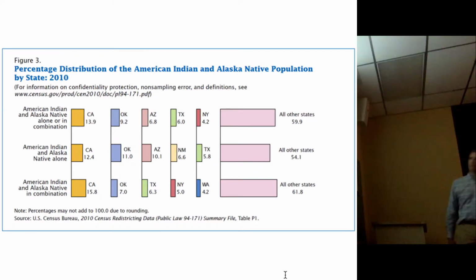Here's some maybe better graphics to do some comparisons. I mentioned on the very first day of class that California has, except for like one census decade, when Oklahoma surpassed California briefly, California has had the largest number of American Indian people self-identifying as American Indians, okay?